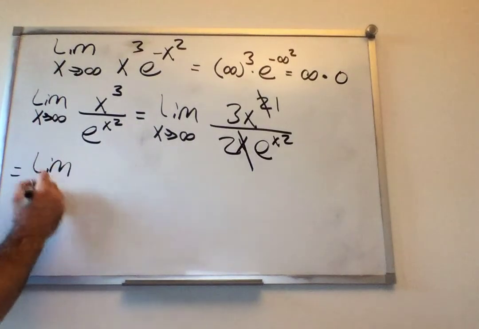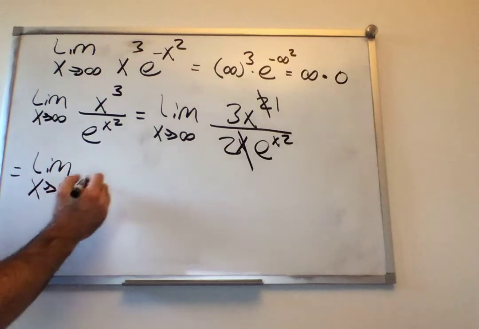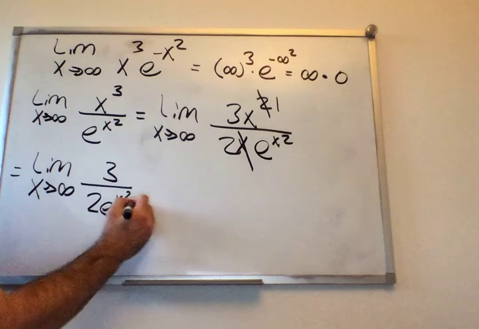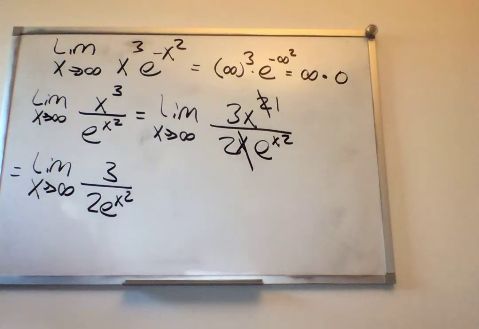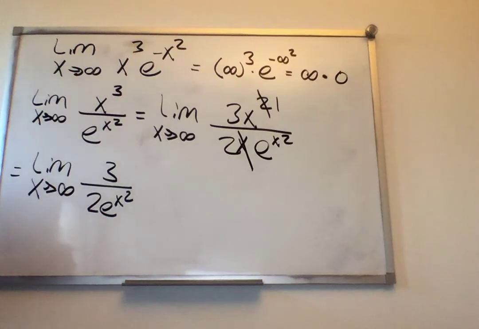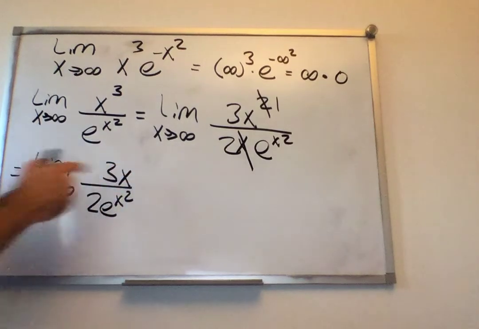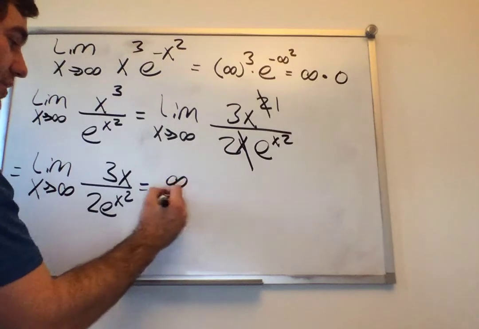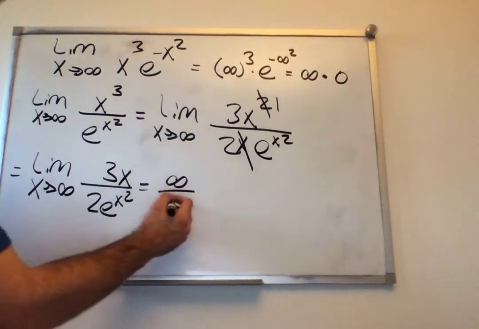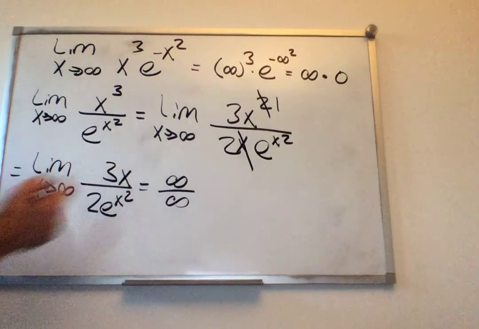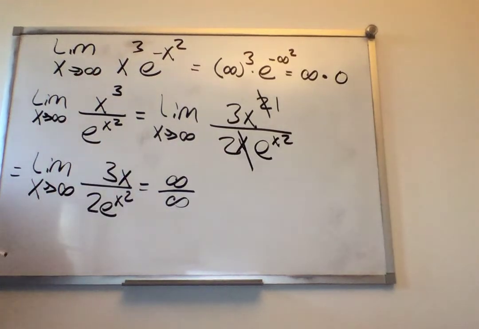This is the limit as x goes to infinity of 3x divided by 2e to the x squared. Oh, I forgot an x on top. Now if I plug infinity into here, I get 3 times infinity, which is infinity, over e to the infinity, which is infinity. So I have to apply L'Hopital's rule one more time.